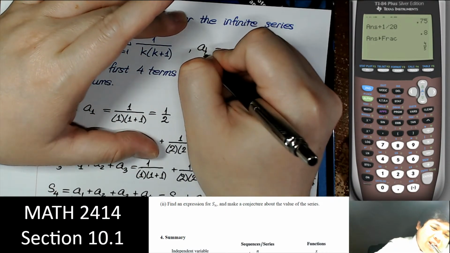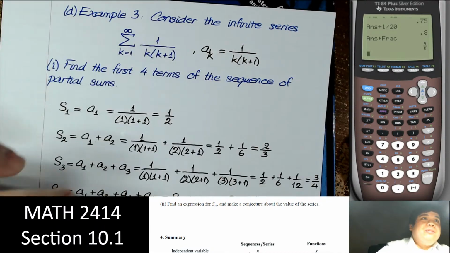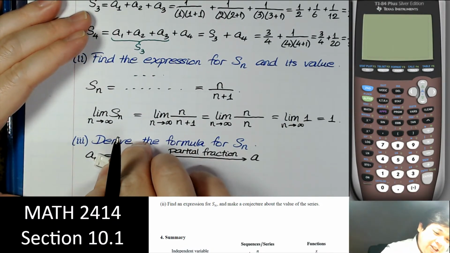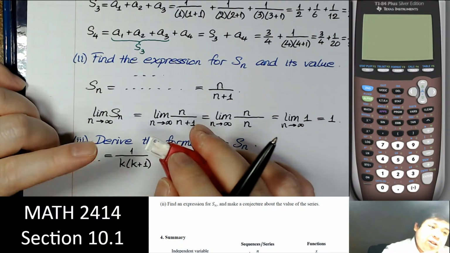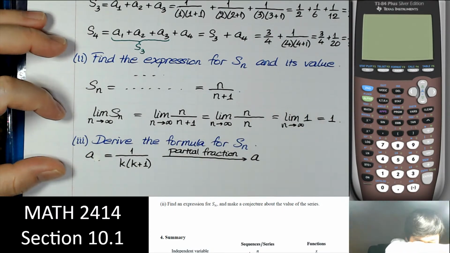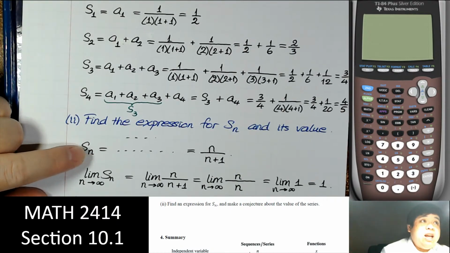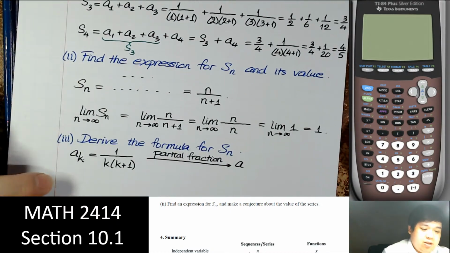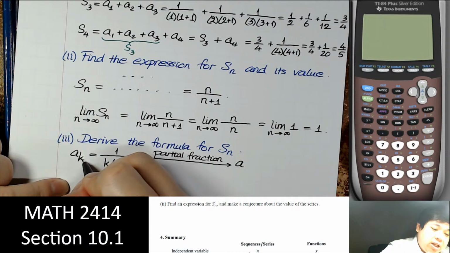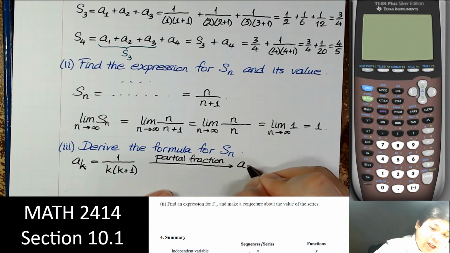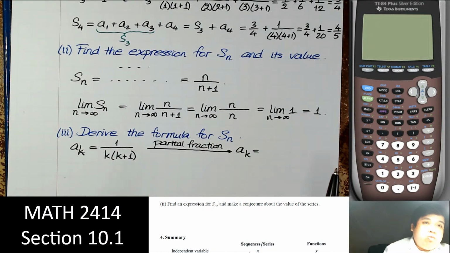The S is n, but the subscript for each term is k. So we write a sub k.